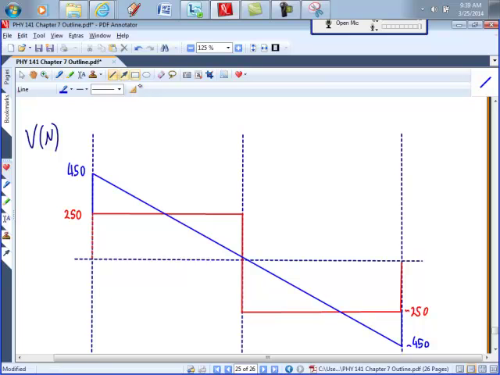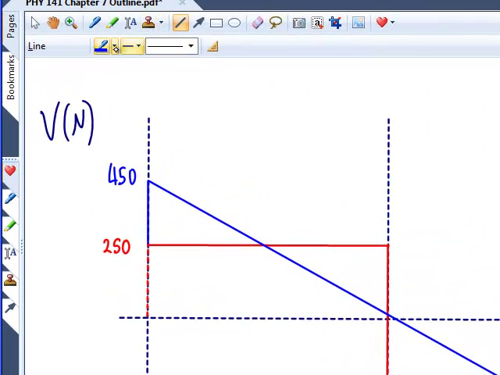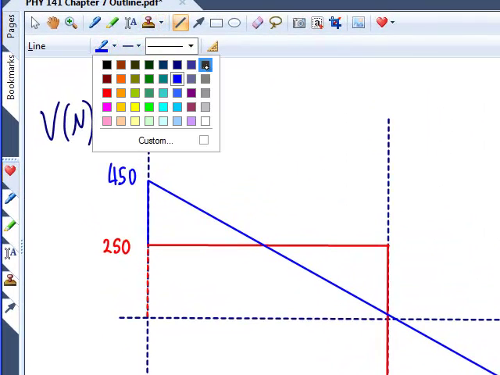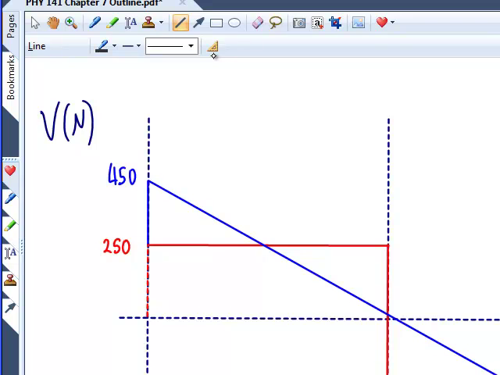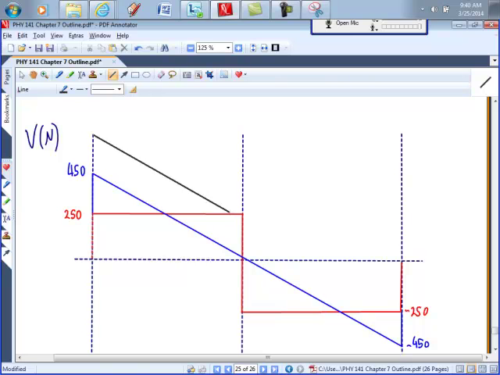All right, what's it going to look like when we add these two graphs together? No, it is going to be 700, right? The 250 plus 450. And it's going to be the same slope. It's going to jump down, and then same slope.